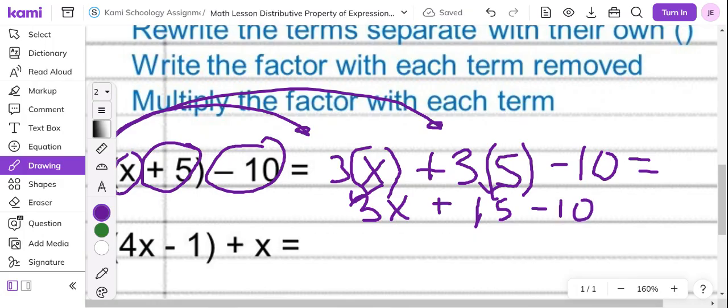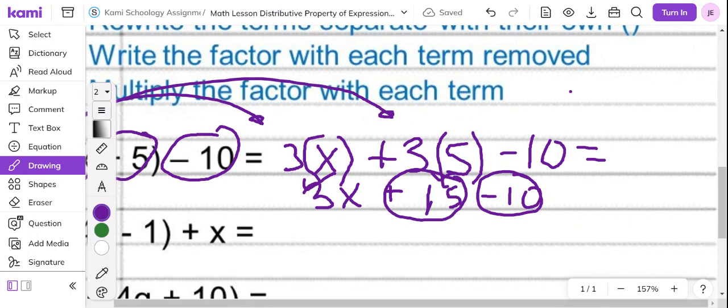And then we just rewrite the other term that was not in the parentheses. And now we can combine like terms if we have them, and we do. Here's a positive 15, here's a negative 10 all by itself. So 15 positives, and then 10 of them are canceled with the 10 negatives. So then we have a simplified expression of 3x plus 5.